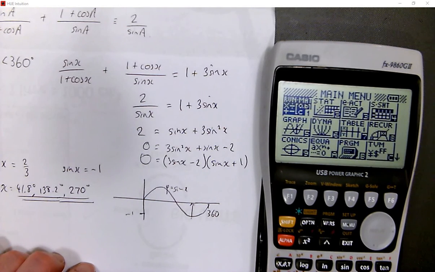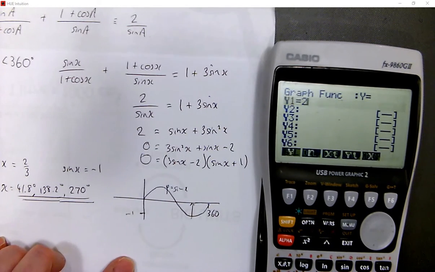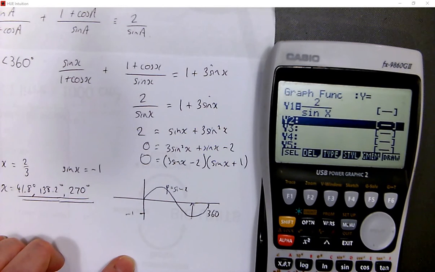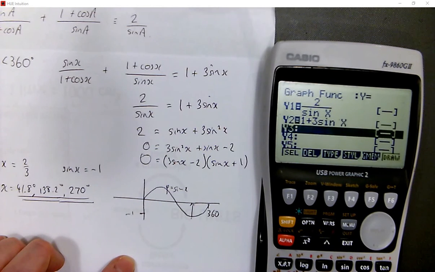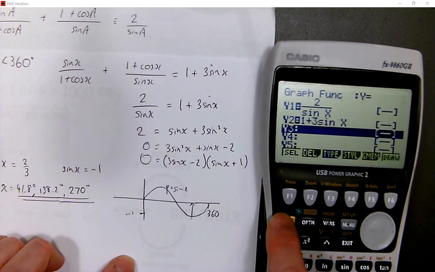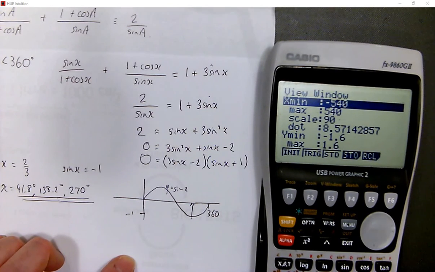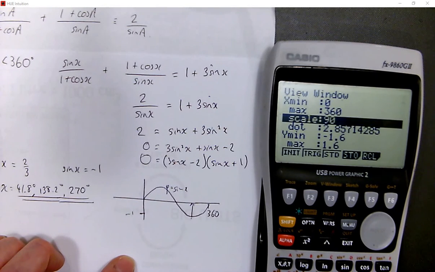And the other way to do it, just to remind you, is in the graph. So if you draw a graph of the left hand side, okay, and a graph of the right hand side, okay, I'm just going to do view window, and I'm going to go trig at the minute, but actually I want my x to go from 0 up to 360.